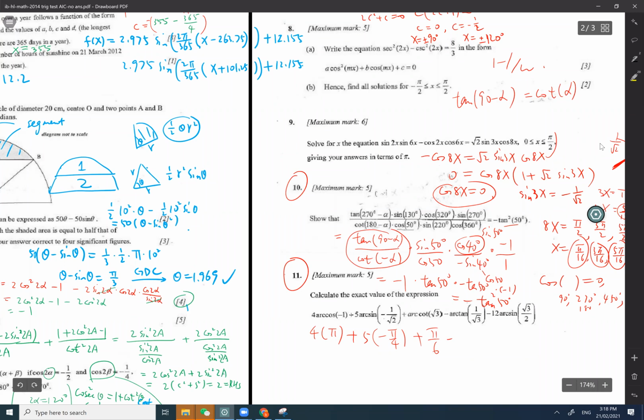Tan inverse this is pi over 6. Sine inverse this is pi over 3. Negative 5 pi over 4. You can double check, use your calculator.